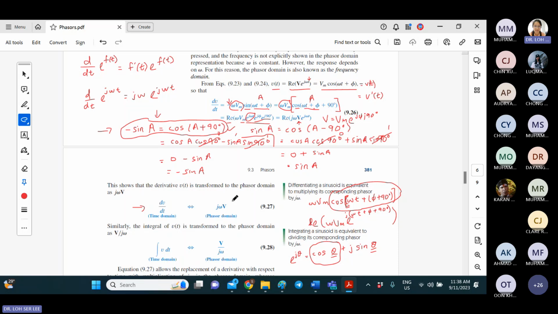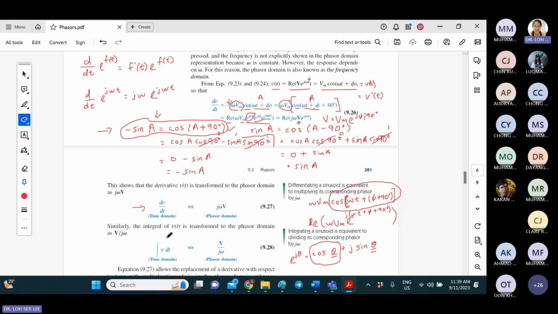This one you just need to remember. When you differentiate this lowercase v, when you differentiate a sinusoid with respect to t, you get j omega V. This is capital V, phasor domain. We change it into phasor domain.